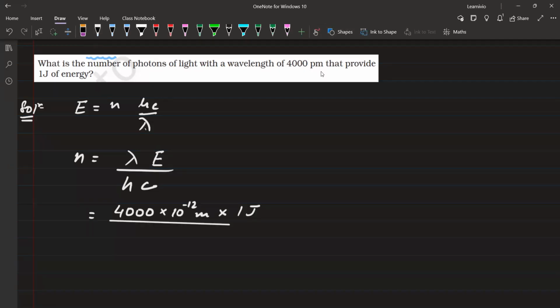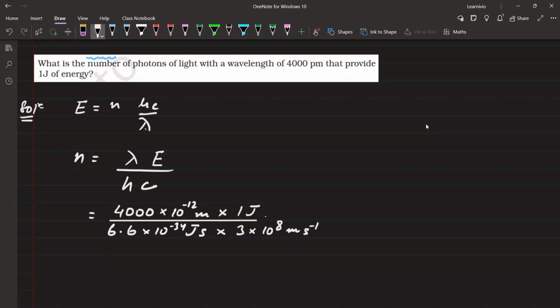Divided by, Archit, what is the value of h? 6.626 into 10 to the power minus 34. ठीक, 6.6 ही रख सकते हैं आप अभी, for the sake of calculation, into 10 to the power minus 34 joule second, multiplied by what is the value of c? 3 into 10 to the power 8 meter per second, that is second inverse.